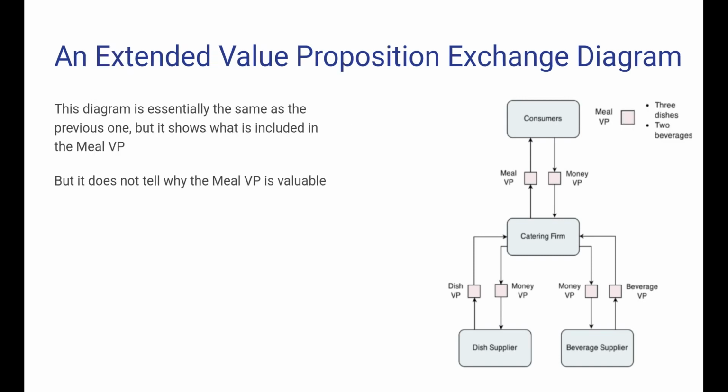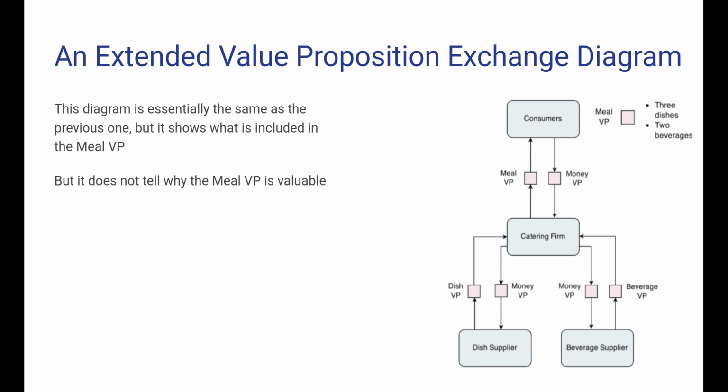Here's one extension. It's essentially the same as the previous diagram, but it shows for the meal value proposition what is included there. It says that a meal consists of 3 dishes and 2 beverages. It's a little more than the previous one, not much more, but at least something.